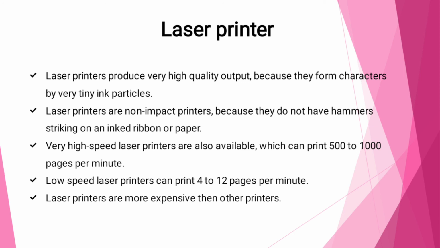Very high speed laser printers are also available which can print 500 to 1000 pages per minute. Low speed laser printers can print 4 to 12 pages per minute. Laser printers are more expensive than other printers.